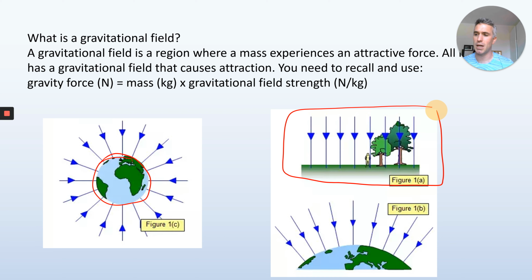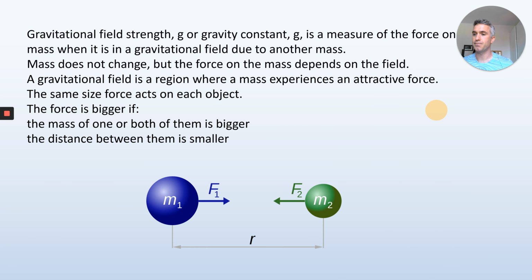I'd note that equation down. The gravitational force is equal to mass, which is in kilograms, multiplied by the gravitational field strength. Done? Splendid. The gravitational field strength, g, or the gravitational constant, g, is a measure of the force on the mass when it is in a gravitational field due to another mass.